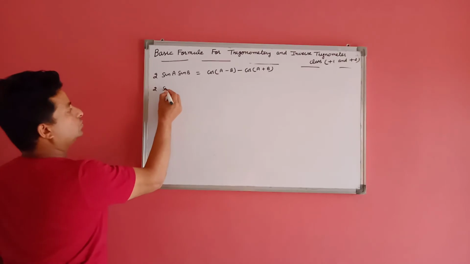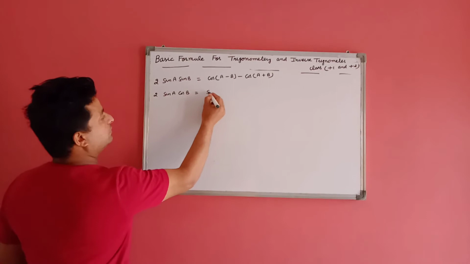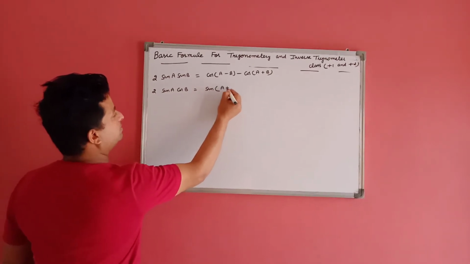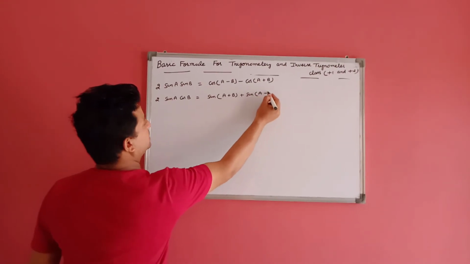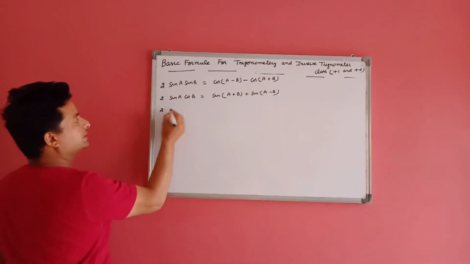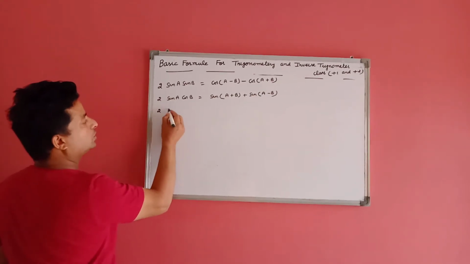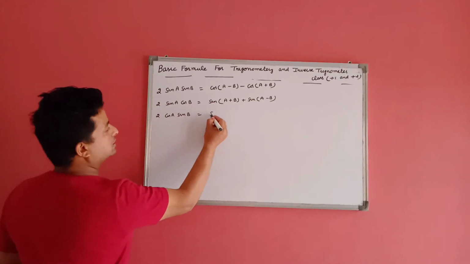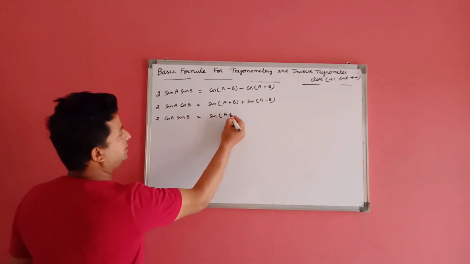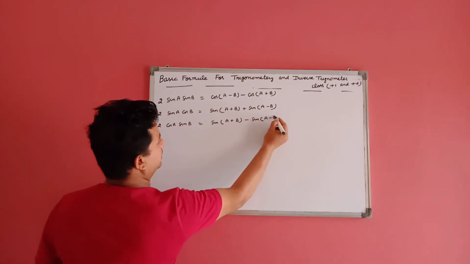Next one is 2 sin A cos B. In this we have sin(A+B) plus sin(A-B). In next we have 2 cos A sin B. In this, sin(A+B) minus sin(A-B).